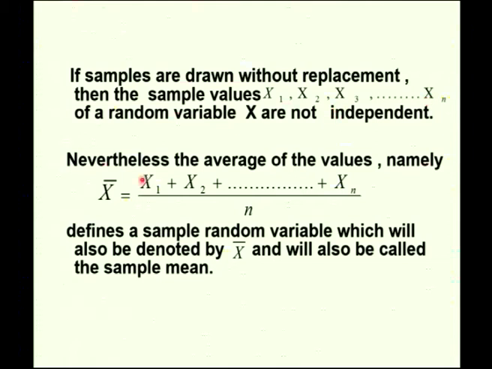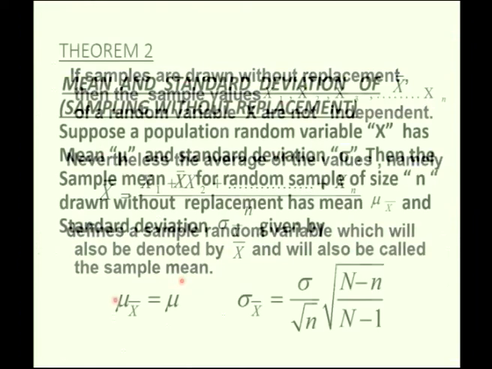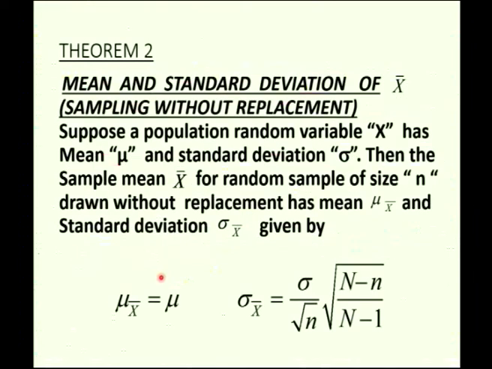Nevertheless, the average of the values, namely x bar is equal to x1 plus x2 plus etc. up to xn divided by n, defines a random sample variable which will be denoted by x bar and also will be called the sample mean. Now, we shall discuss the mean and standard deviation of x bar for sampling without replacement. Suppose a population random variable x has mean mu and standard deviation sigma.